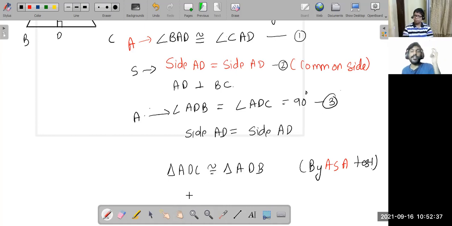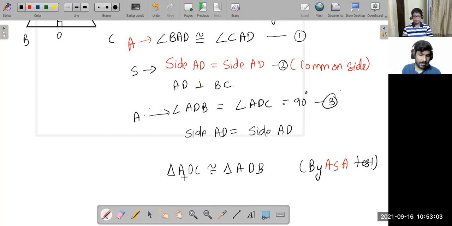now what I had said when we were studying about congruency, when two triangles are congruent, all of their what? When two triangles are congruent, all of their sides will be congruent to each other and all of their angles will be congruent to each other.